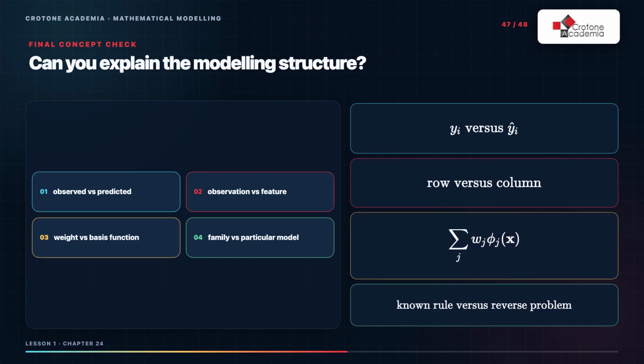What does W transpose X calculate? What does a design matrix row represent, and what does a column represent? How can a curved function remain linear in its parameters? Finally, interpret the general sum. Phi sub j constructs building block j, W sub j controls its contribution, and the contributions combine into a prediction.